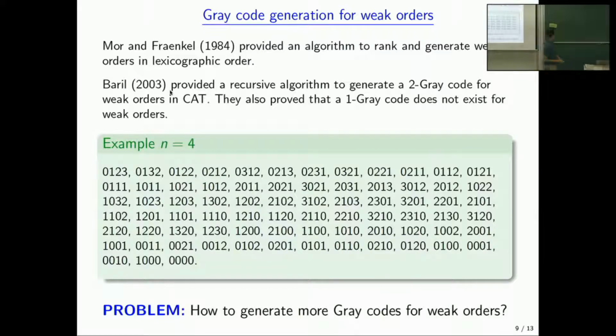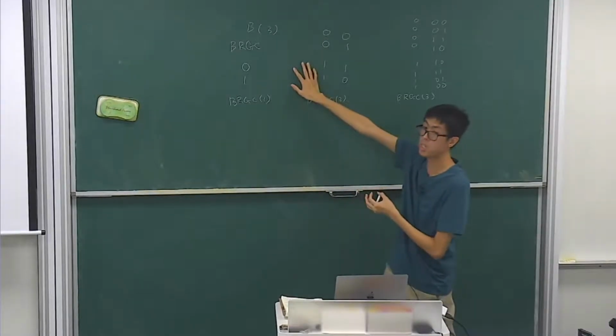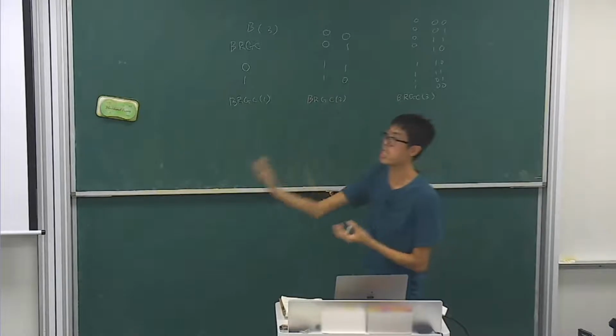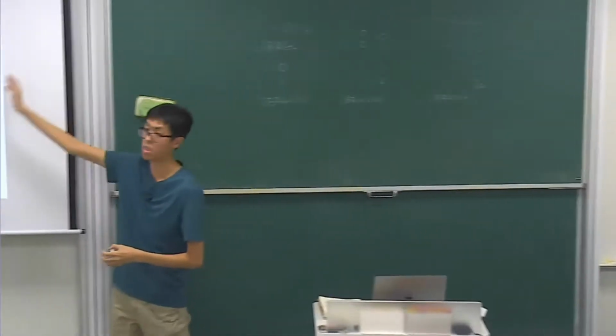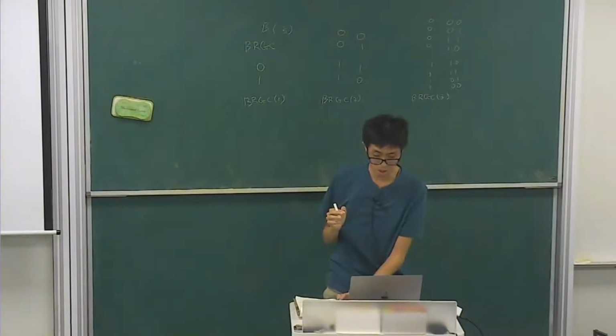The idea is actually an extension of what we do here. We try to extend this algorithm to generate gray code for these guys. So let's see how this one works. Maybe I should go over this one first.